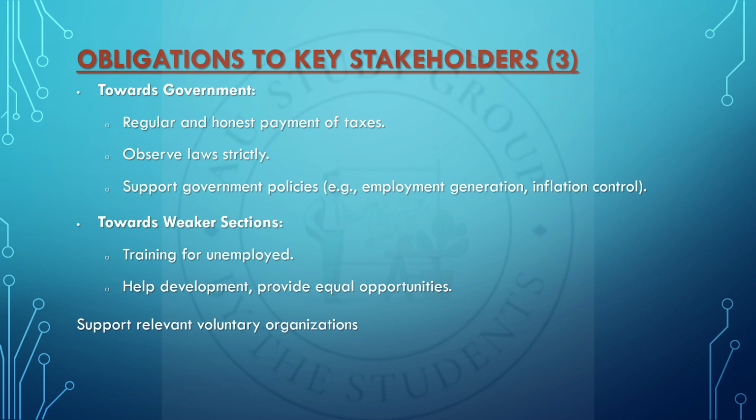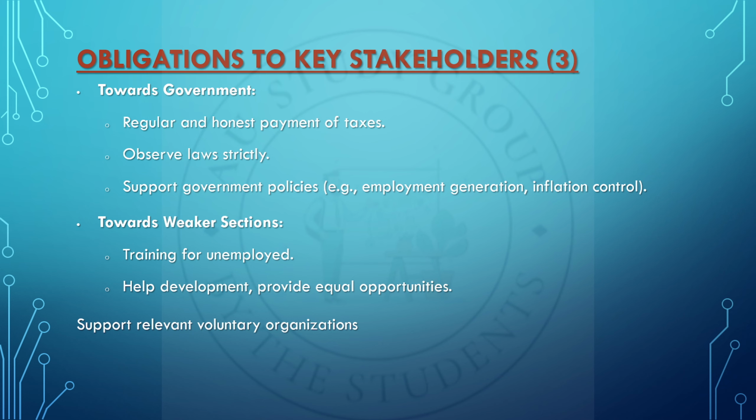Now next, towards government. What are these obligations towards government? Paying taxes, observing laws, supporting national policies. Right? These are the obligations toward government. Regular payment of taxes, observe laws very strictly, and support national policies.